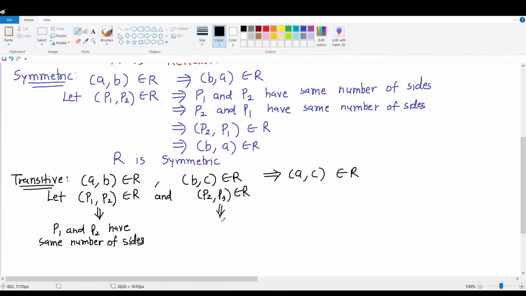And if P2 comma P3 belongs to R, that implies that P2 and P3 have same number of sides. Now if you have P1 and P2 with same number of sides, and if P2 and P3 has same number of sides, then of course you can say that P1 and P3 has same number of sides, right?